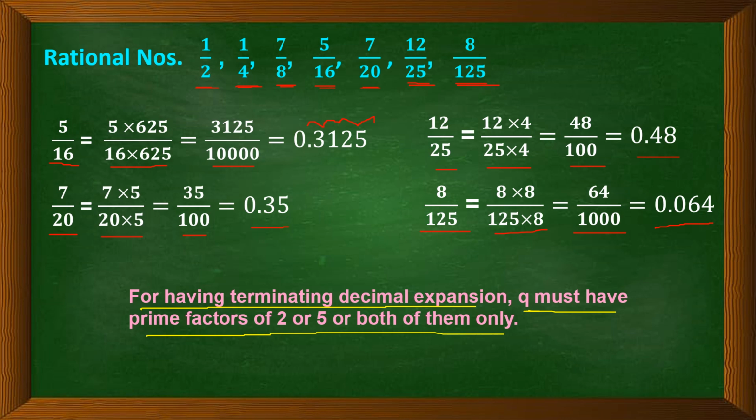You will have terminating decimal expansion only if the factors of q, that means only the factors of the denominator, are 2 or 5 or both of them. Like in 20 we have both. We have 2 into 2 as well as 5 also. So for having the terminating decimal expansion, the factors of q should be 2 or 5 or both of them only, right?